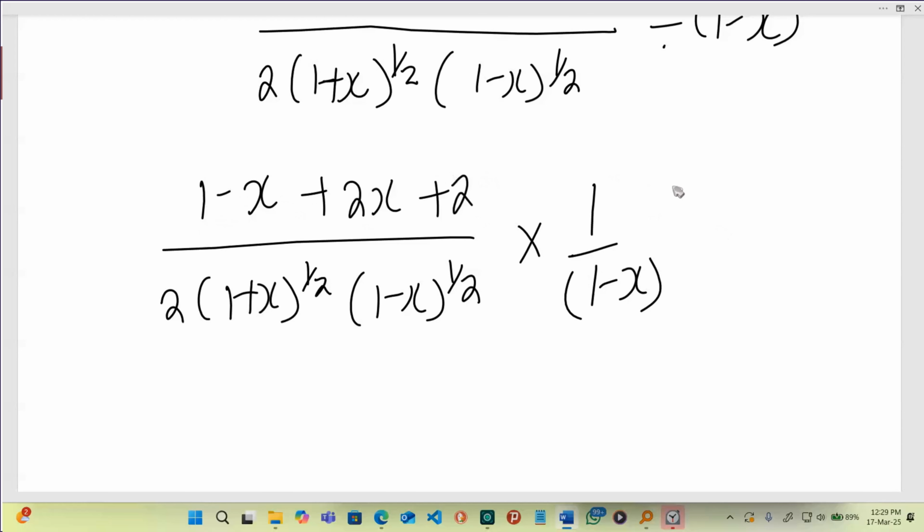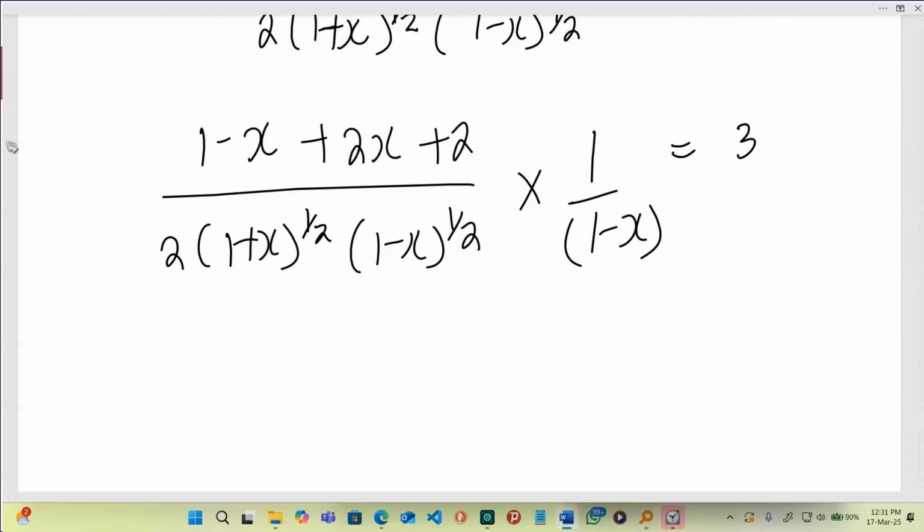So here this becomes 3. So this is equivalent to 3 plus x divided by this and that. Get this times this. This becomes (1 minus x) to power a half plus 1.